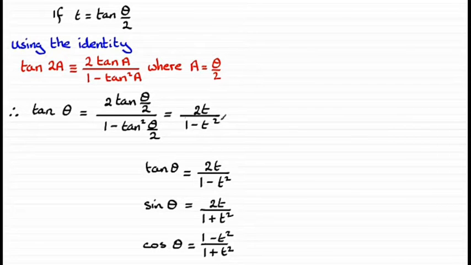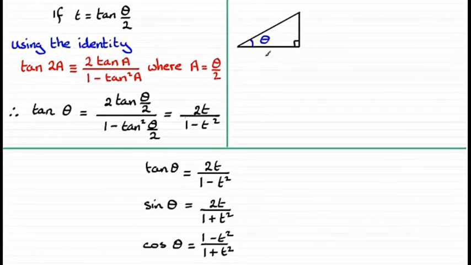And so with this result, we can take a right angle triangle with theta in it. And because tan of the angle theta is opposite over the adjacent, then I can say that this side is 2t and this side is 1 minus t squared. And I'm going to call the hypotenuse x.